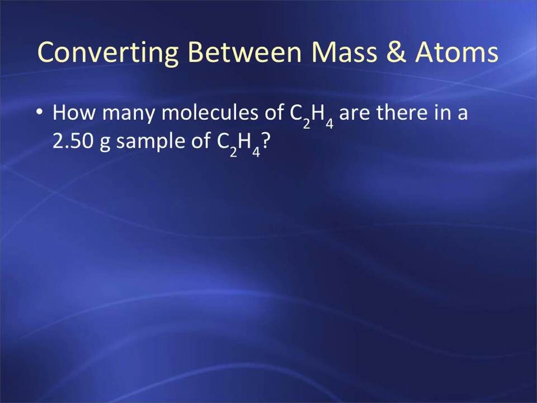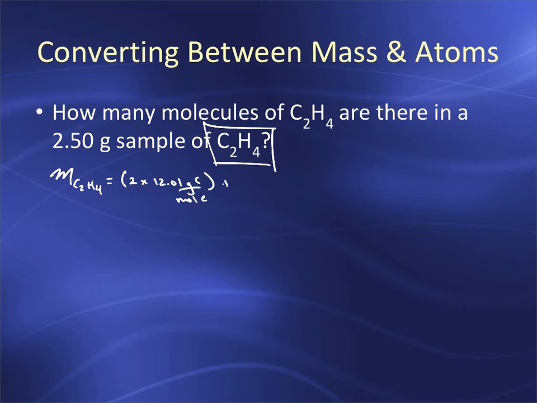How many molecules of C2H4 are there in a 2.50 gram sample of C2H4? Okay, so the first thing we want to do before we get too far into this is get the molar mass of C2H4. Okay, we have 2 carbon atoms this time. Each carbon weighs 12.01.